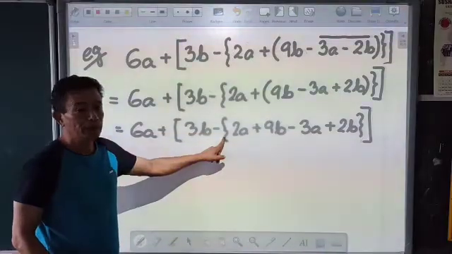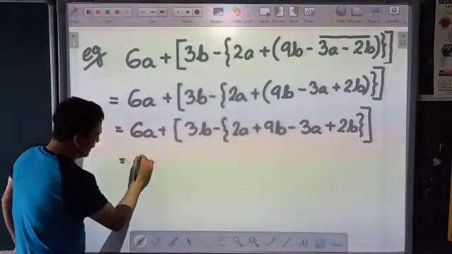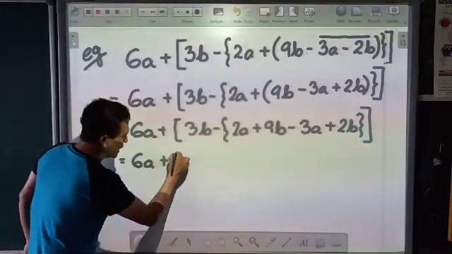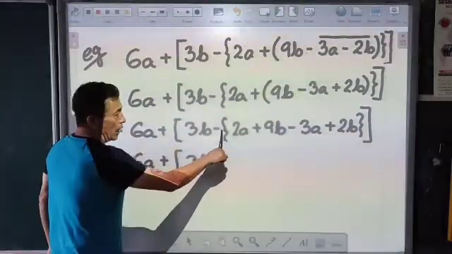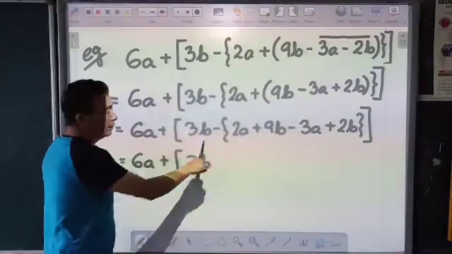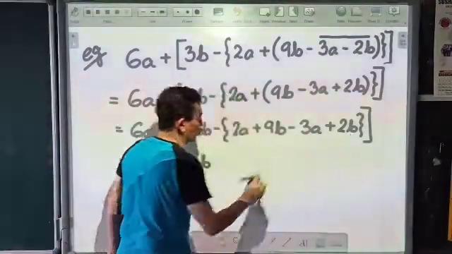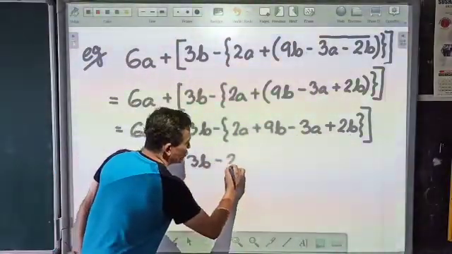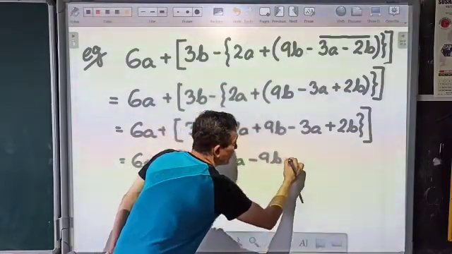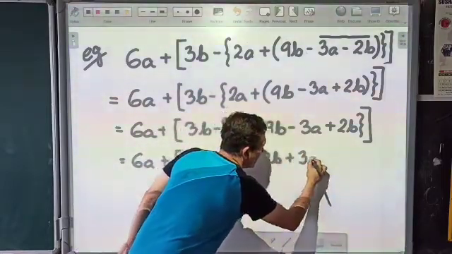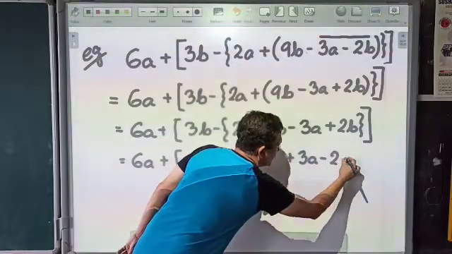Now I work with the curly bracket. So I get 6a plus 3b. Outside the curly bracket, I have a minus sign. That means the signs are going to change. So minus 2a minus 9b plus 3a minus 2b.